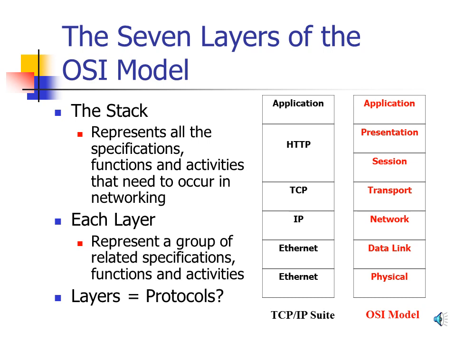So if the stack represents all the functions that need to occur, each layer represents a group of related specifications, functions, or activities, again, to have successful networking. Now we'll see that we have the famous 7 layers: the physical layer, the data link layer, the network layer, the transport layer, session, presentation, application. Think of each one of these, for instance, like the physical layer, a set of related specifications that are part of networking.